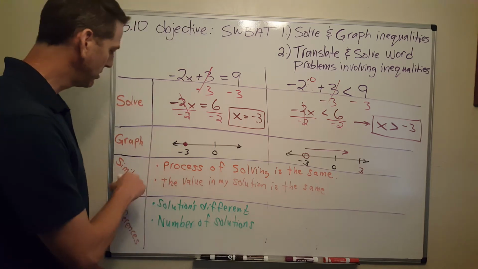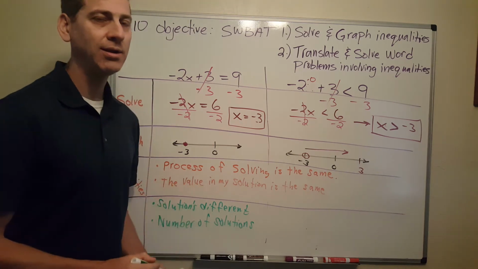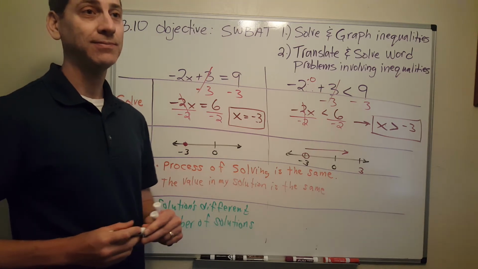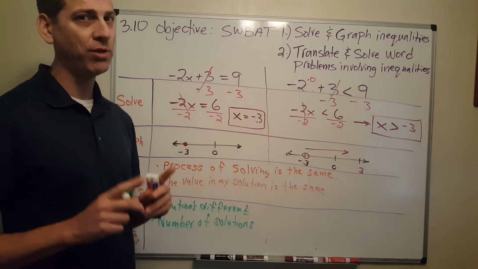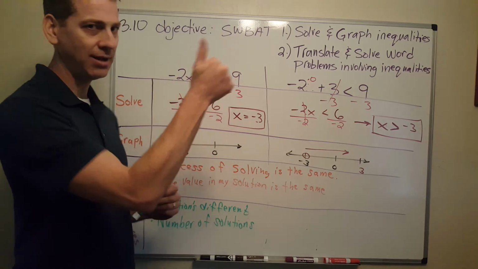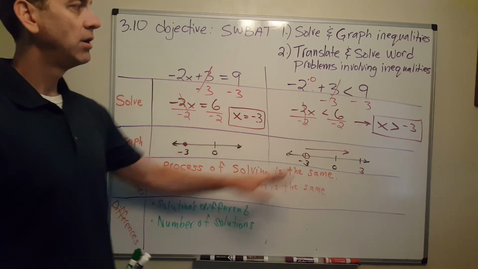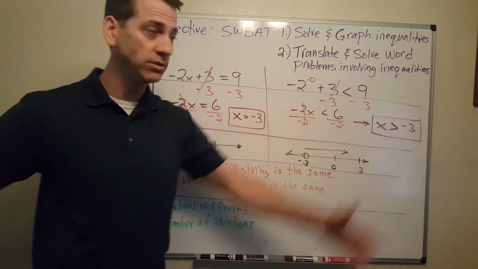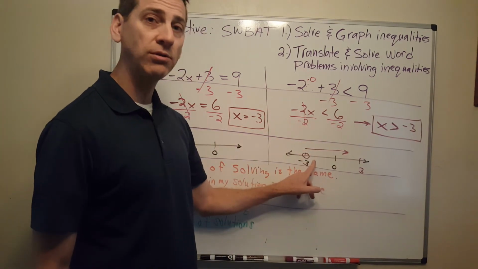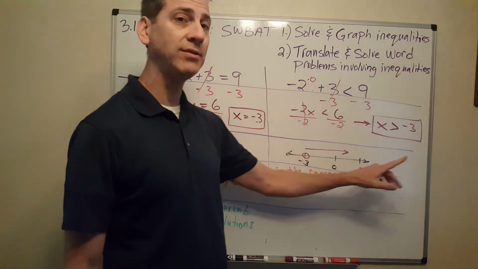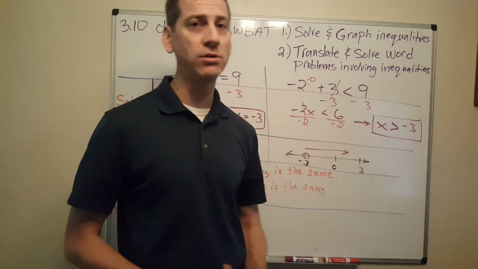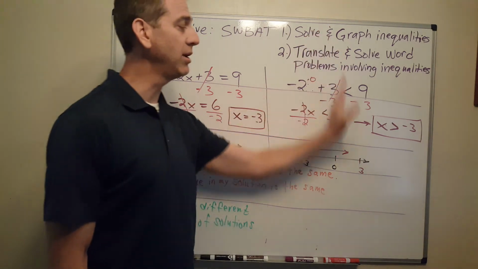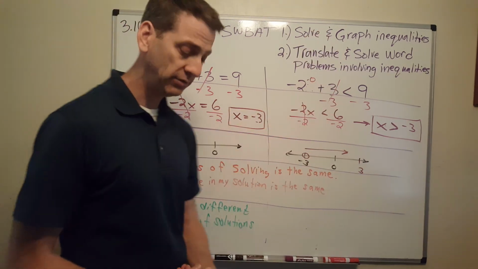The equation, in this case, only has one solution. An equation can have more than one, but a linear equation is going to have one solution. Whereas an inequality has tons of solutions. -2 is a solution. -1, 0, 1, 2, 3, 4, 5, 6, 7, 8, 9, 10. All of those are solutions. So an equation has one solution. An inequality has multiple solutions.